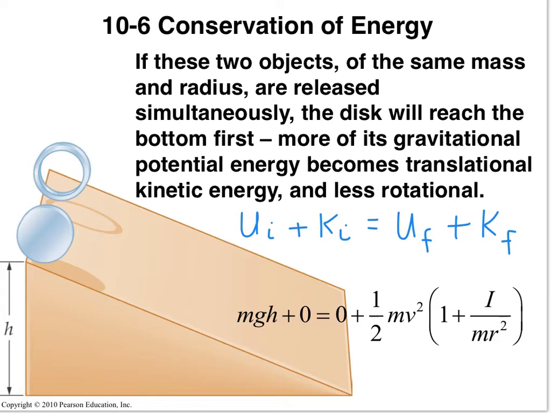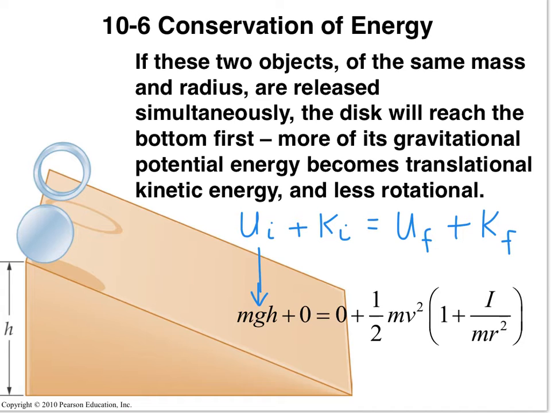If you take the bottom of the ramp to be the zero of potential energy, then your initial potential energy is mgh. h is the height of the ramp.